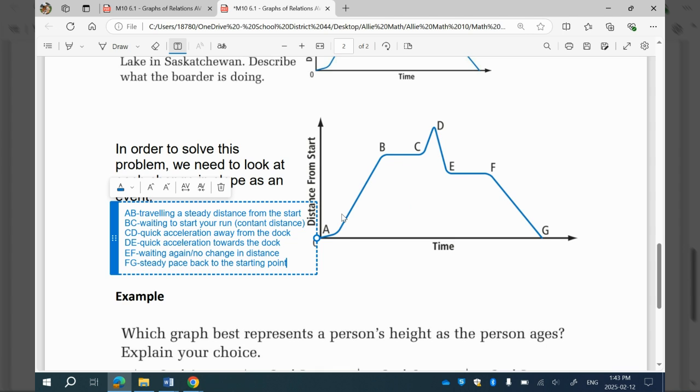Okay, that's my best interpretation of this with my limited understanding of wakeboarding, but I think those are reasonable assertions. We're doing a slower acceleration away from the dock here, waiting to do the exciting part. Then the boat's going fast this way, going fast back towards the dock. Now we're waiting again, and then a slower pace back to where we started.